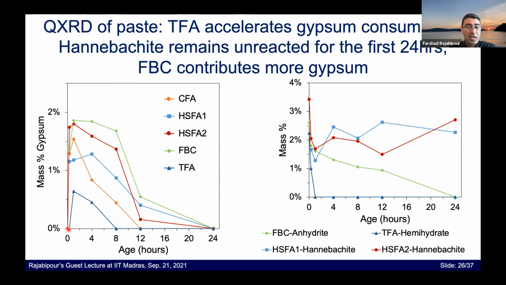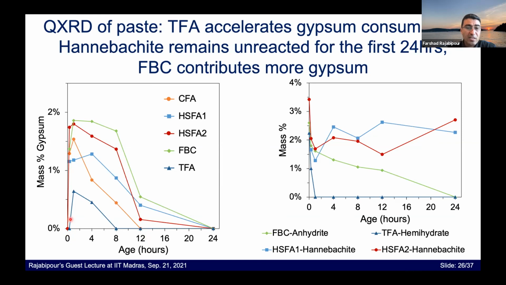So you see a spike in the gypsum content within the first hour of hydration. If we look at the orange, which is the control fly ash system, we see the gypsum peaked at about 1 hour, and it drops down to 0 at about 12 hours, which is very typical of what we expect Portland cement systems to do.